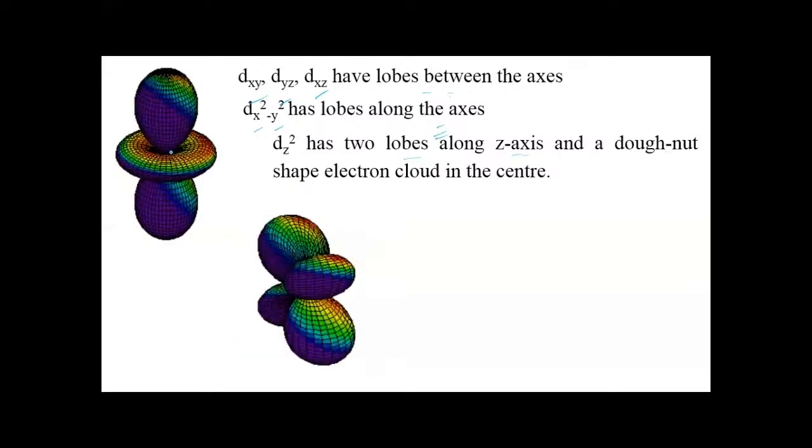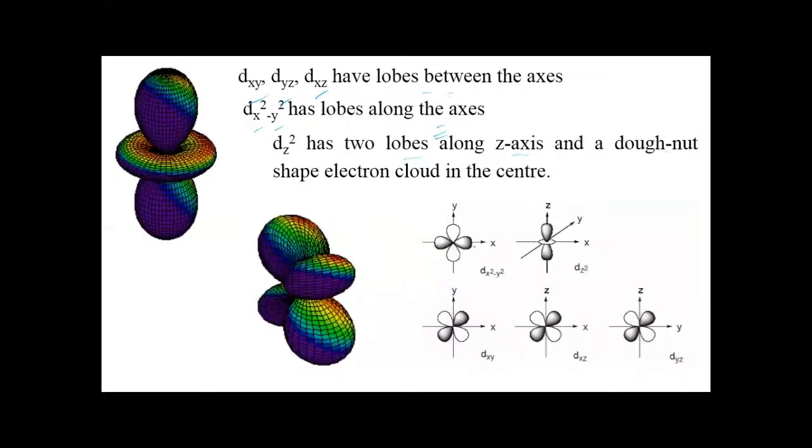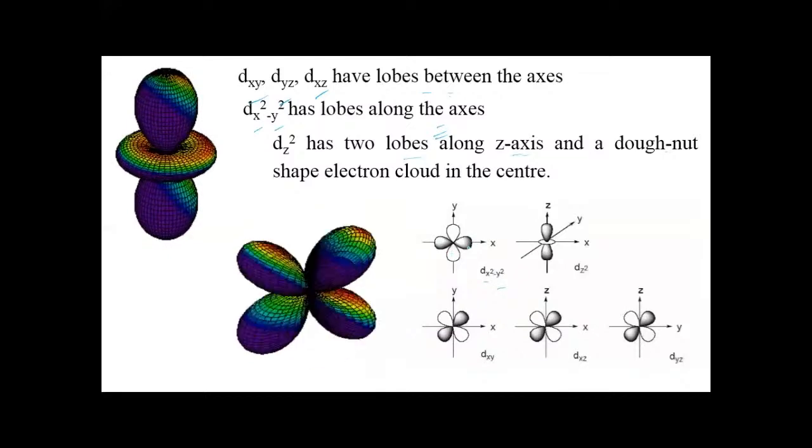So this is the image for d orbital. This is dx square minus y square, where the x and y axes have the orbital lobes. In dz square, the orbital lobes are along the z-axis, and this is a donut shape.